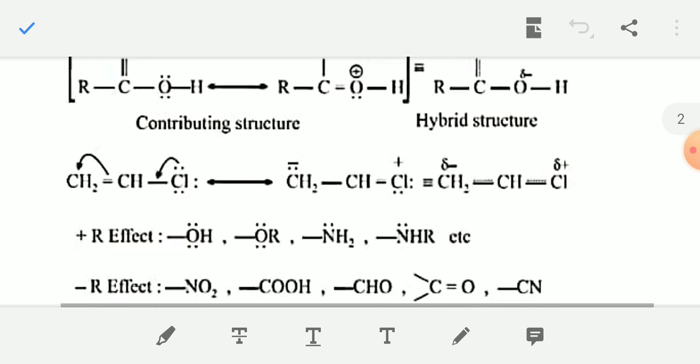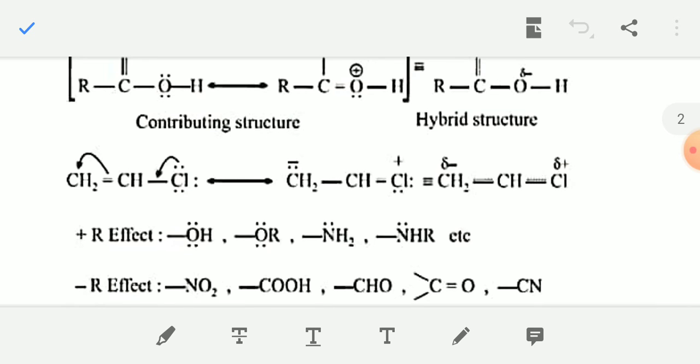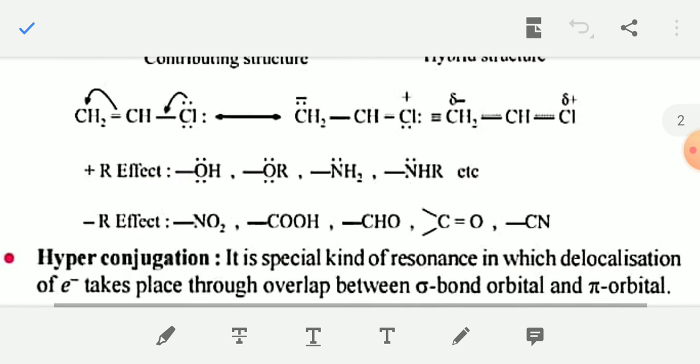Here resonance effect in different compounds is given, and based on resonance effect of different compounds, there are two types of resonance effect. One is plus R effect, another is minus R effect.